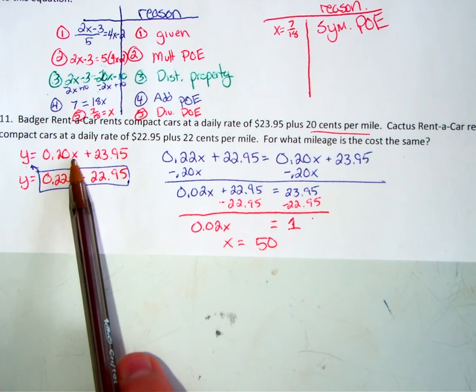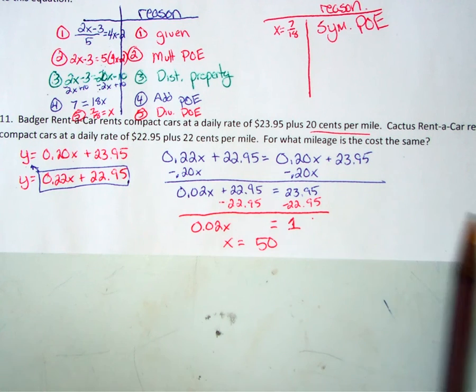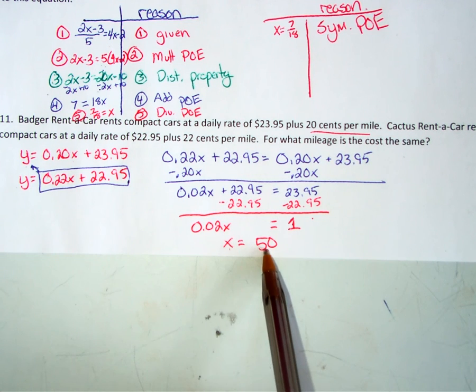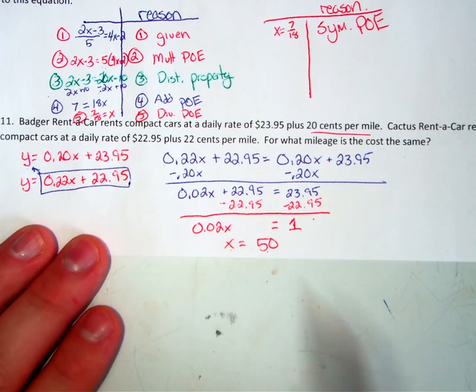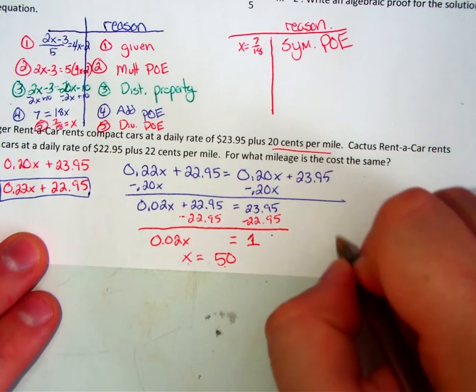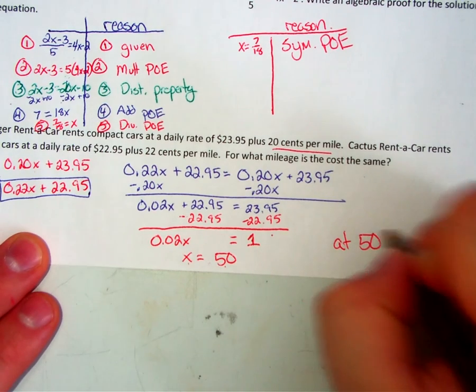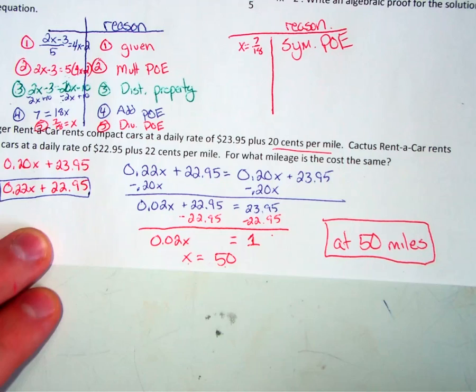X was our variable for per mile. So x was our number of miles. At what mileage is the cost the same? When x is 50, the cost will be the same. So at 50 miles. Good job.